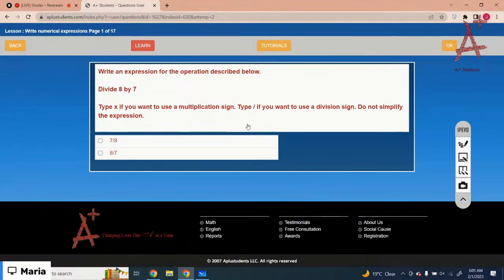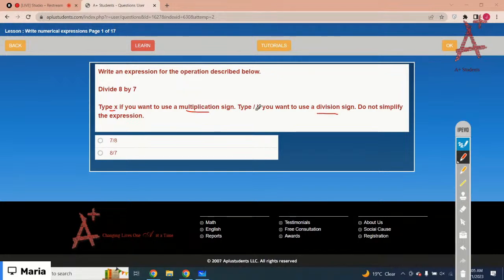If it's an x, you basically have to multiply, that is the multiplication sign, and for division you have to use this sign. Got it? And we do not have to simplify. Divide 8 by 7, that means it is 8 over 7. Very good. That would be the second option. Just select the correct option and click on the OK button.